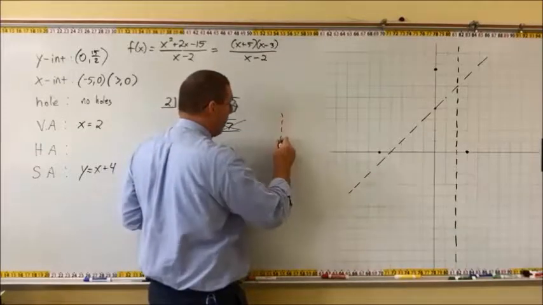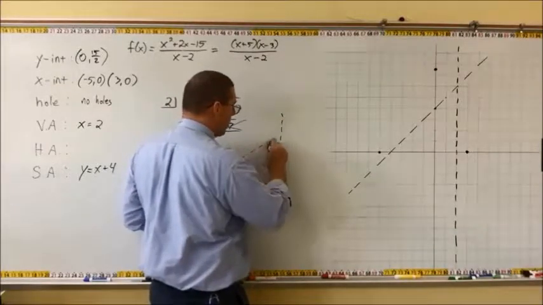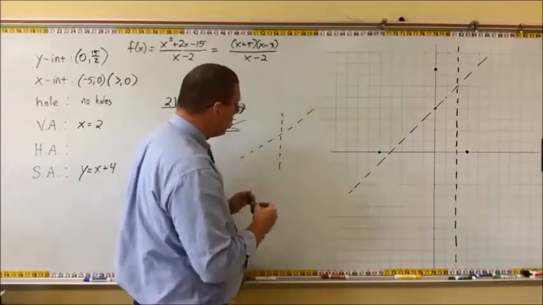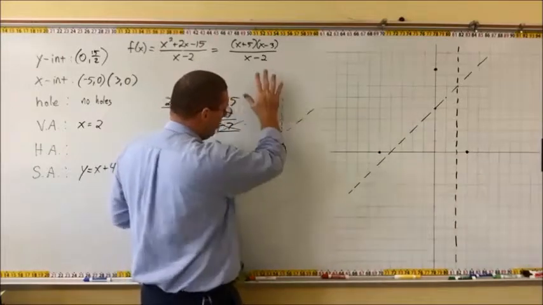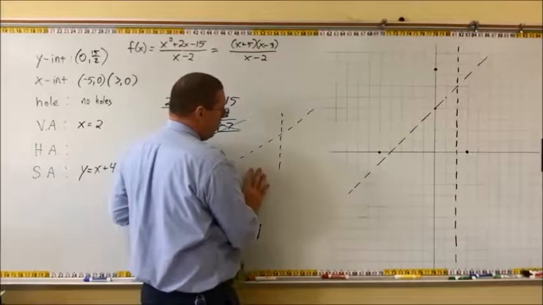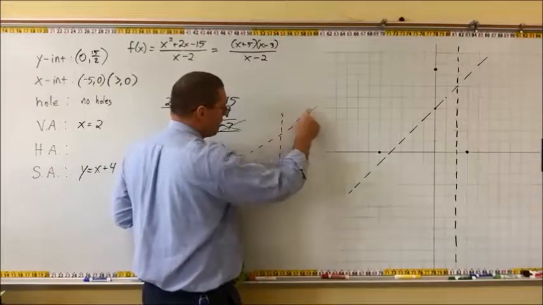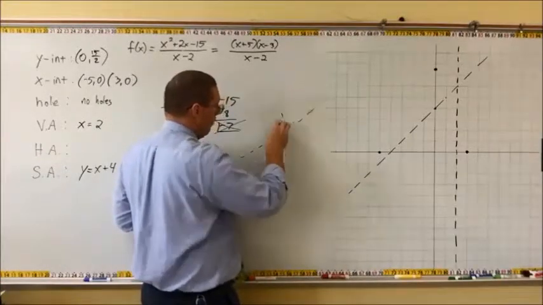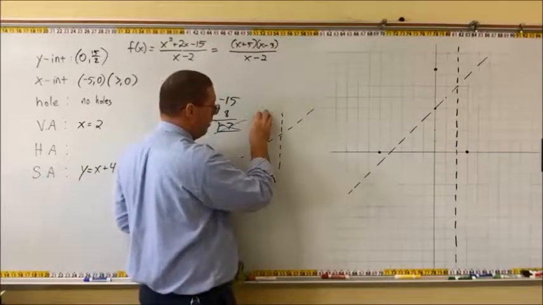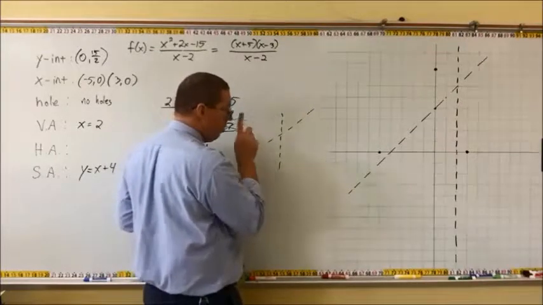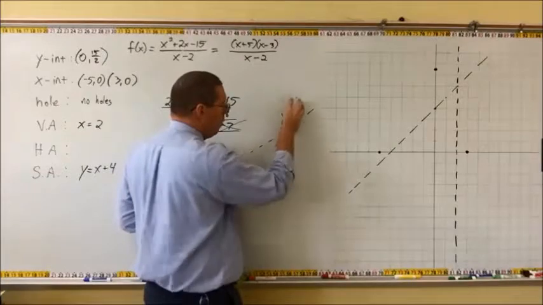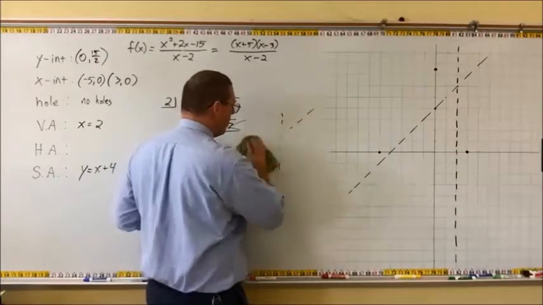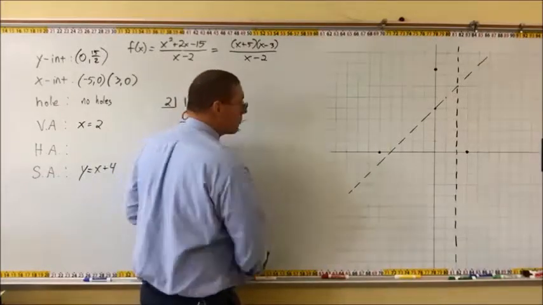If I have a vertical asymptote and a slant asymptote, I'm still dividing into this section and this section, but instead of having a horizontal asymptote, I have a slant asymptote, and I still have a below and above, and a below and above. And I can only pick one of them, either below or above. Either below or above.